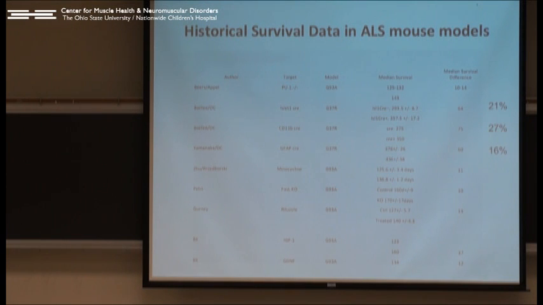So what these studies showed was that reducing SOD1 in the motor neuron itself delayed disease onset. These other cell types, astrocytes and microglial cells, actually resulted in a slowing down of disease progression.